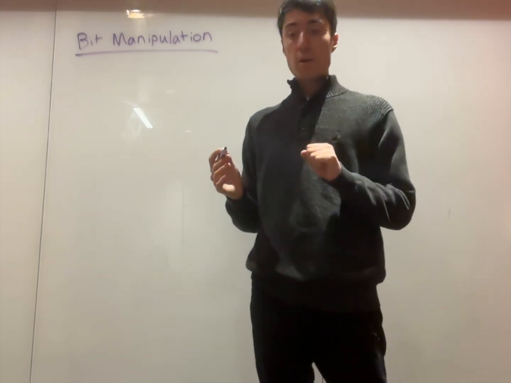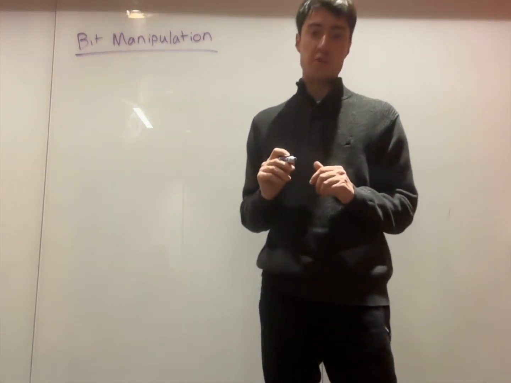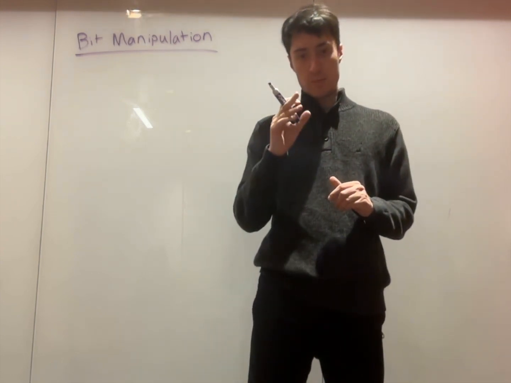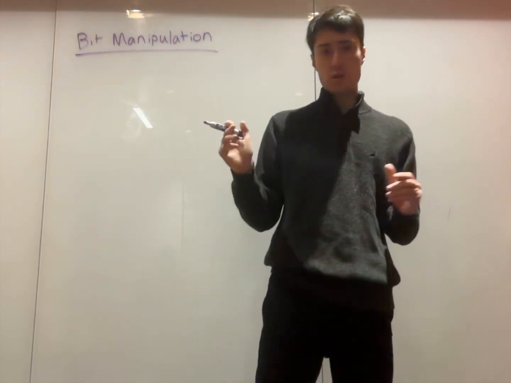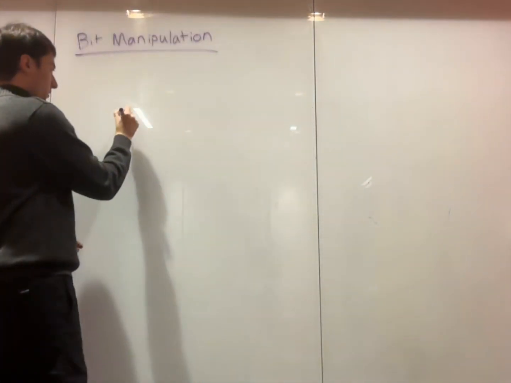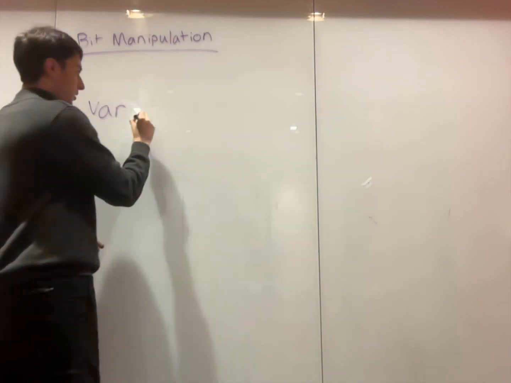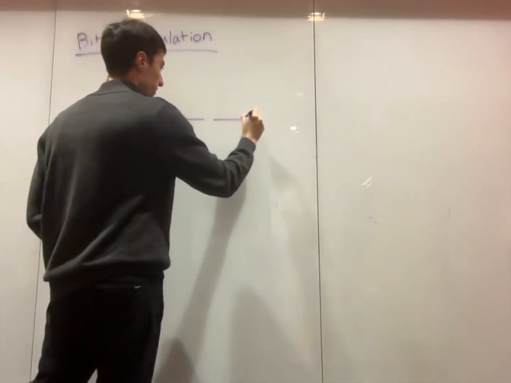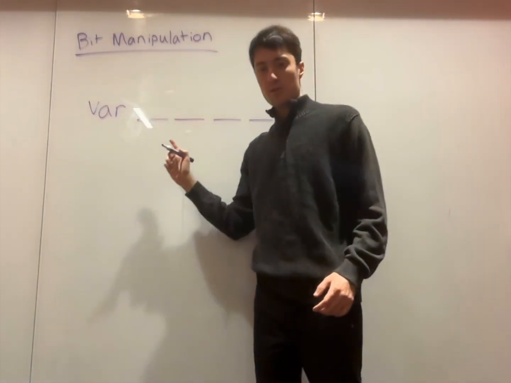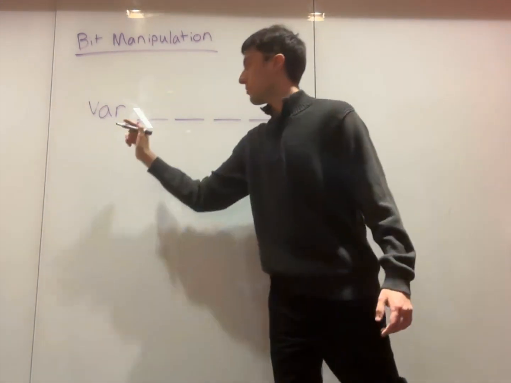All right, cool. So what is the key concept with bit manipulation? We are trying to isolate a particular place. A variable is going to have, let's call this var, 1, 2, 3, 4, 5 places. It's probably going to have a lot more, like 32, but they would all be 0.